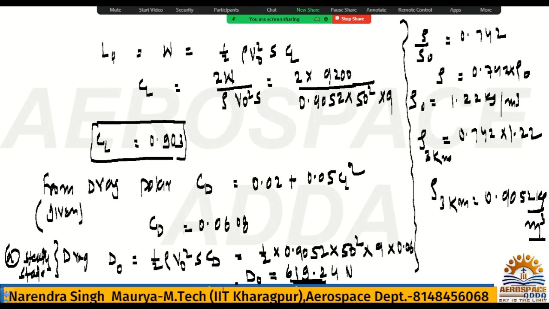Even they can ask comparisons, like power required during turning will be higher than steady state level, yes or no? Yes. Velocity during the turning is less or high compared to steady state level, you can answer that. Lift, drag, velocity, thrust, everything, you can compare all the data. Now magnitudes you have, so you can compare on your own.